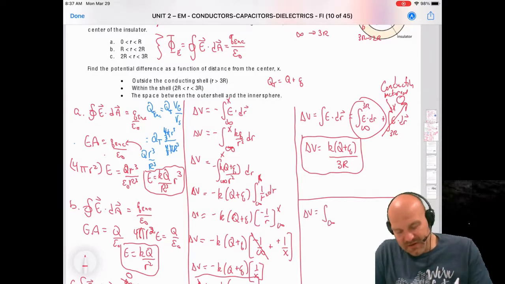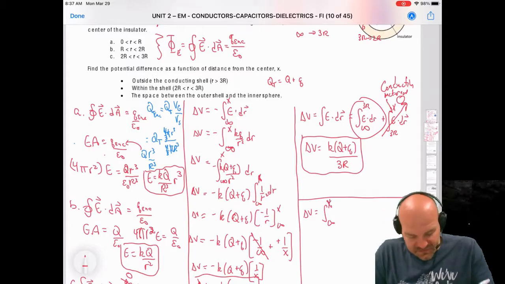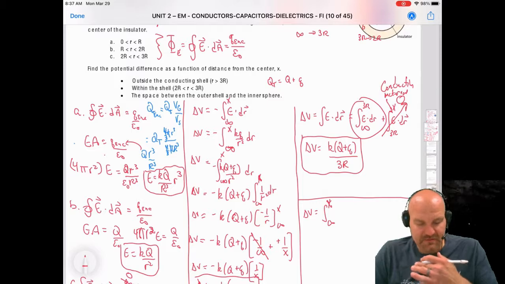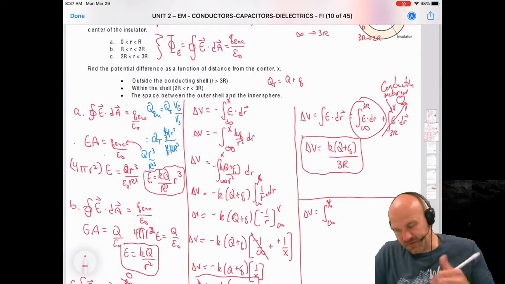All right, and so now we're going to do the whole thing. Sorry, this should be an x. So now we're going to go in between, really into the air, between the outer shell and the inner sphere, okay?